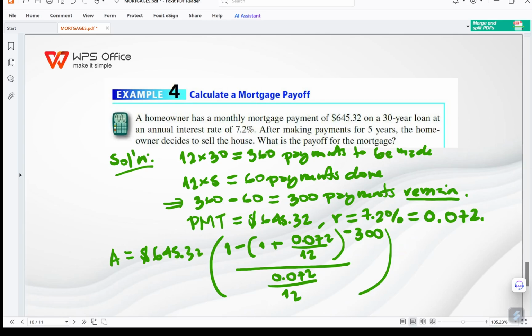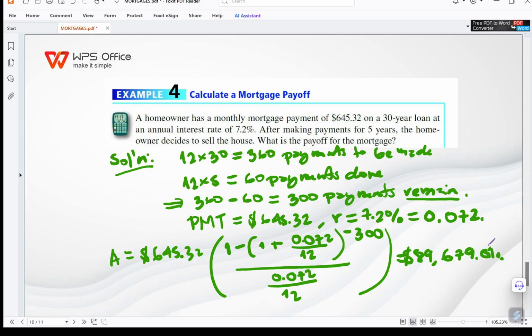And that is equal to $89,679.01. So the homeowner needs to pay $89,679 and 1 cent to the bank if she wants to sell her house, after taking a loan from the bank and agreeing to a 30-year loan.